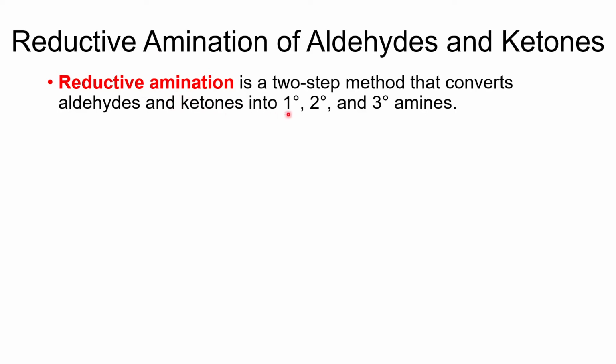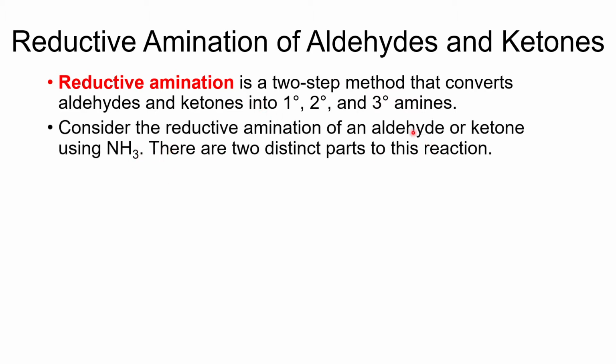So reductive amination is a two-step process where we take aldehydes and ketones, and we can convert them into either primary, secondary, or tertiary amines. It all depends on what we start with as far as the amine goes. We're going to look at this particular one where we take an aldehyde or ketone.